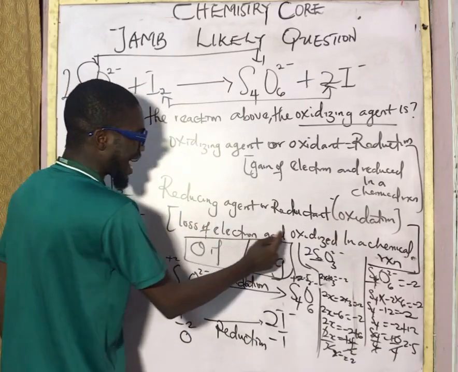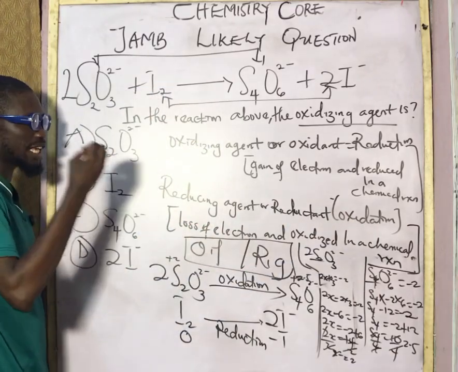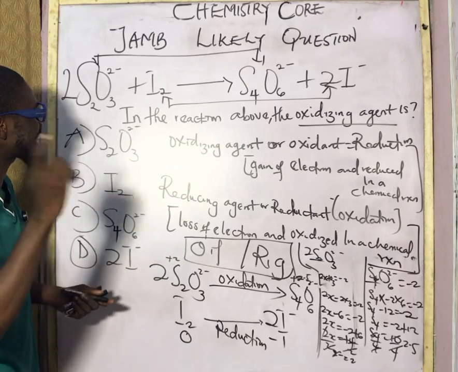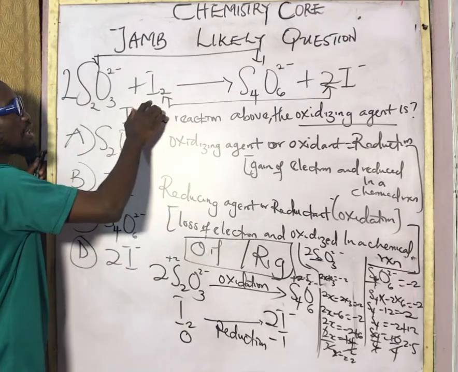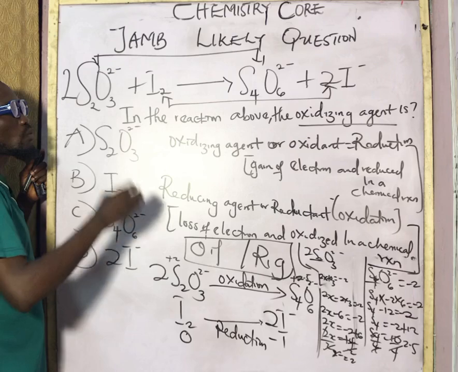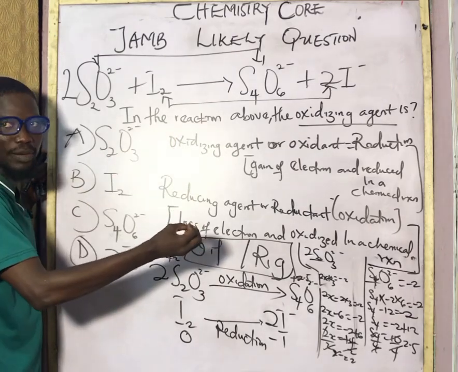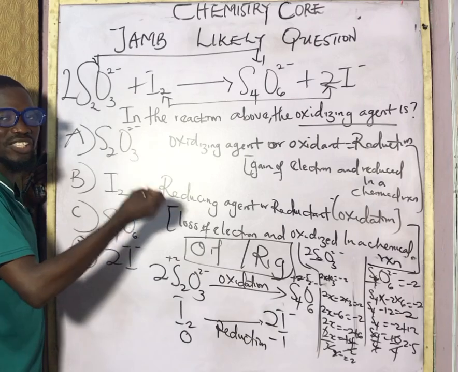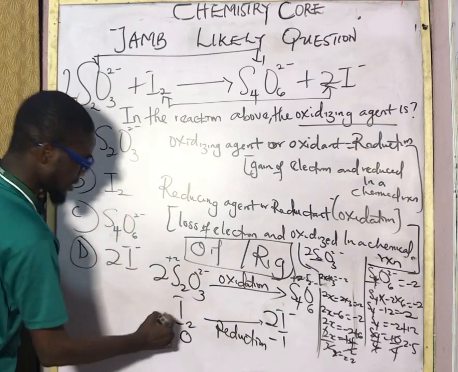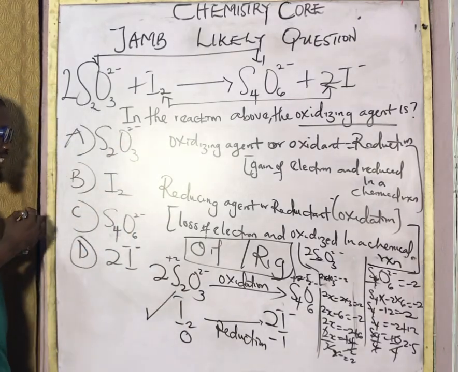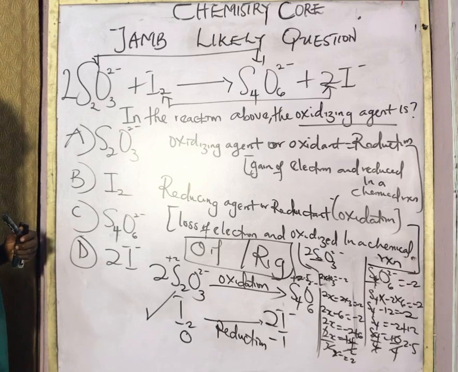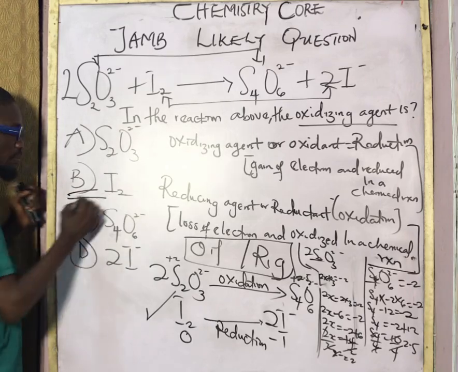Loss of electron and oxidized in a chemical reaction. In that case, the compound that is being oxidized is the reducing agent, and the oxidizing agent is the one being reduced. So in that case, our answer is option B.